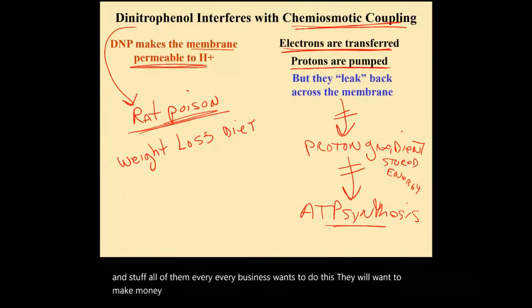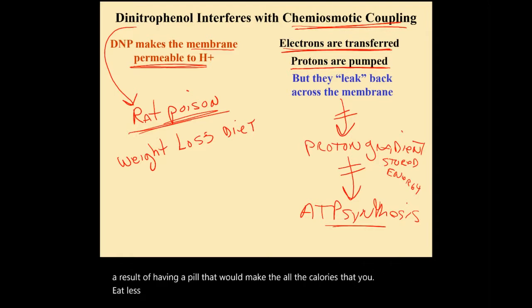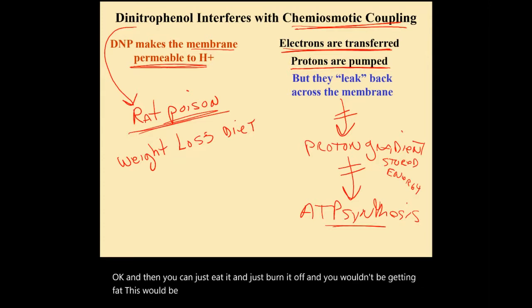And you can imagine the money that can be made as a result of having a pill that would make all the calories that you eat less effective at causing fat storage, and just burn it off, okay? And then you could just eat it and burn it off and you wouldn't be getting fat. This would be great, wouldn't it? So far they've never actually come up with any kind of solution for this.